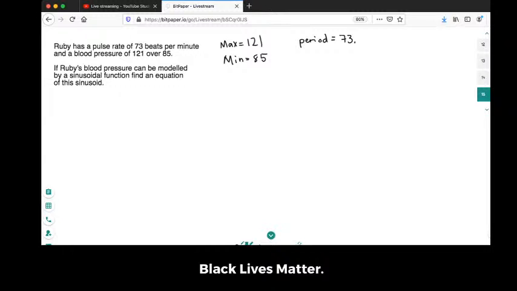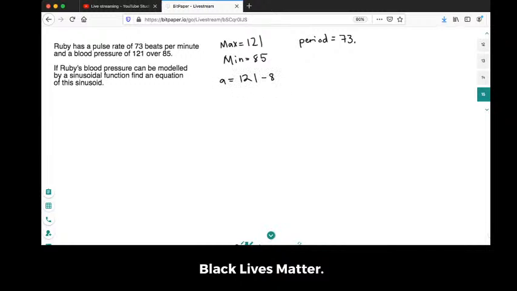Well, because what we really care about is how the blood pressure is affected by how many beats per minute are occurring. It didn't say how many minutes it occurs over. It's not saying that the blood pressure is a function of the minutes. It's saying basically it's a function of the beats per minute. Let's go ahead and plug some numbers in.